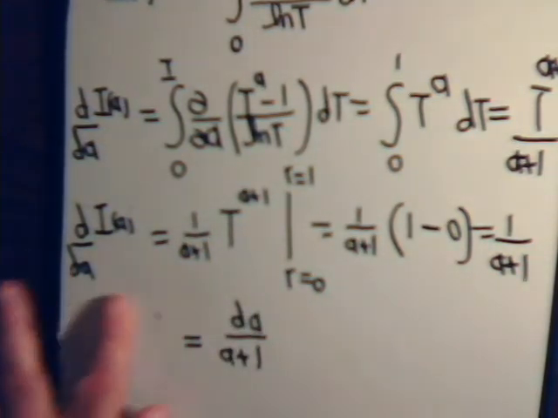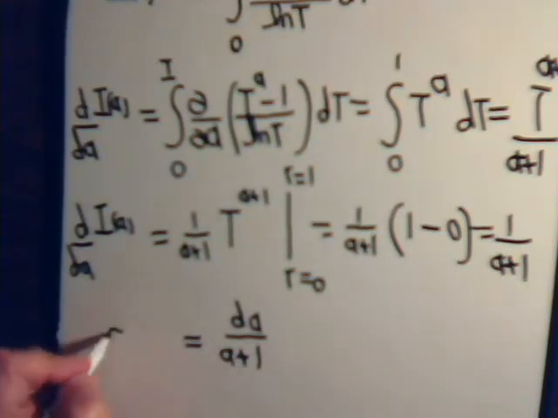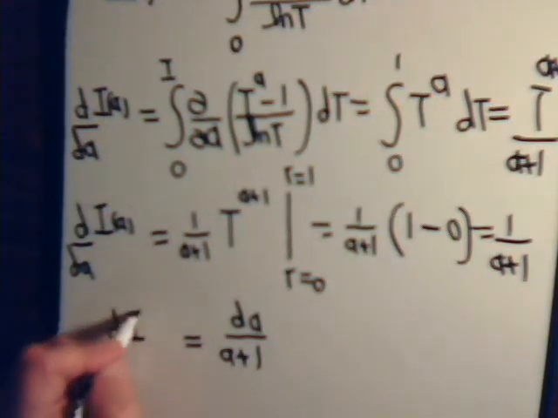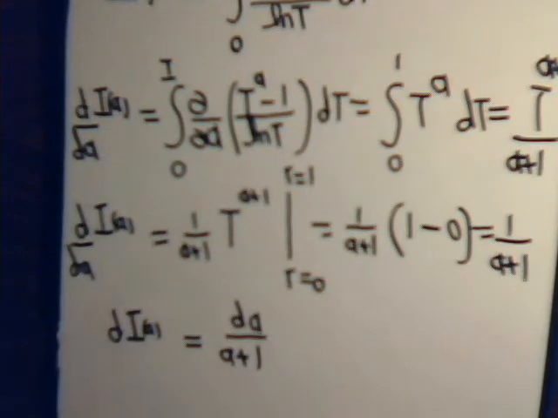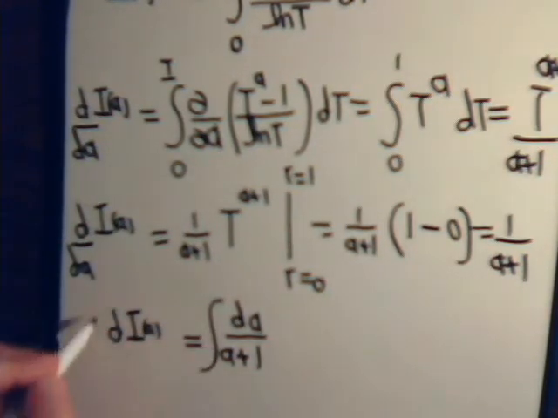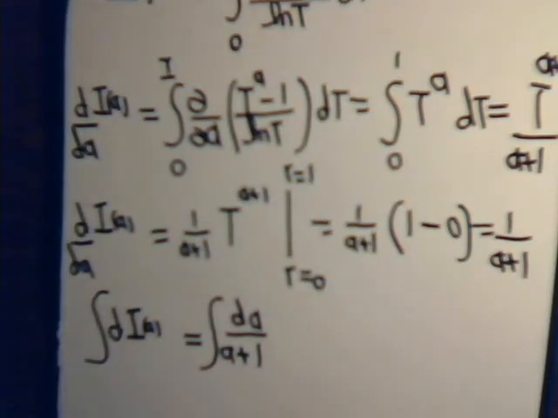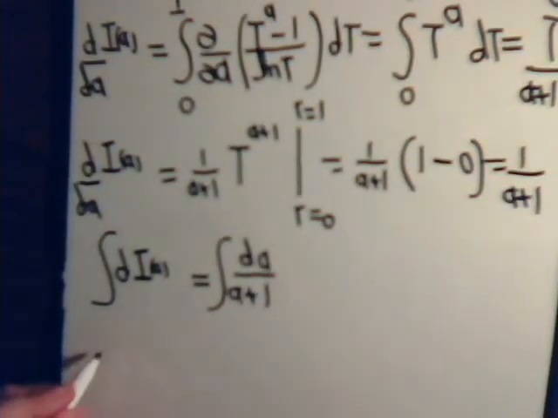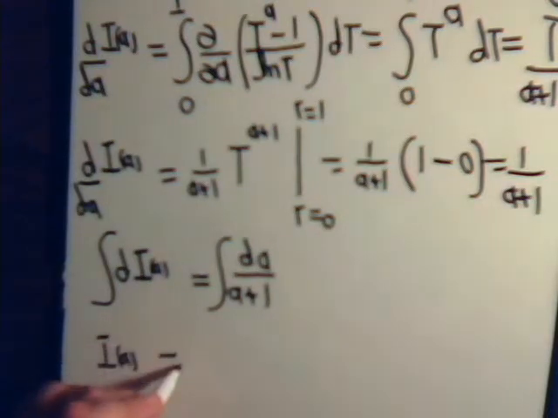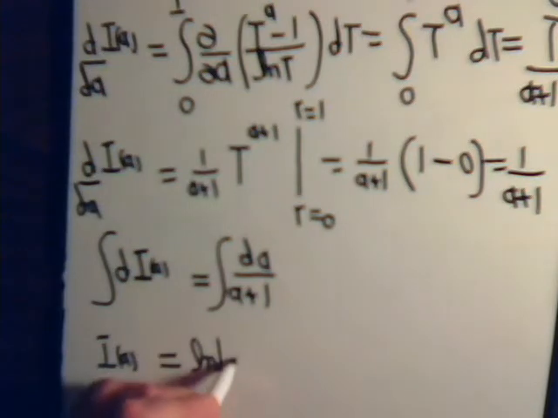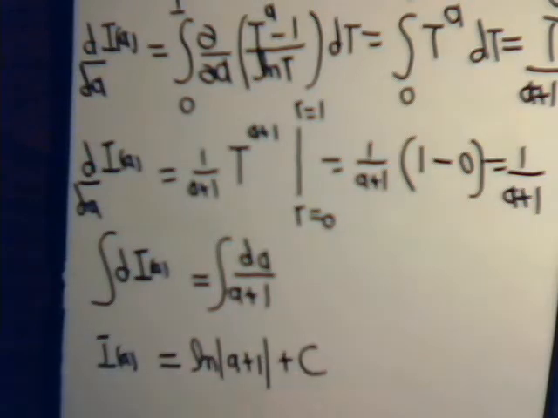And we have dI equals this, so let's integrate. And we have I of a equals, and that'll just be the ln of a plus 1, plus some arbitrary constant of integration.